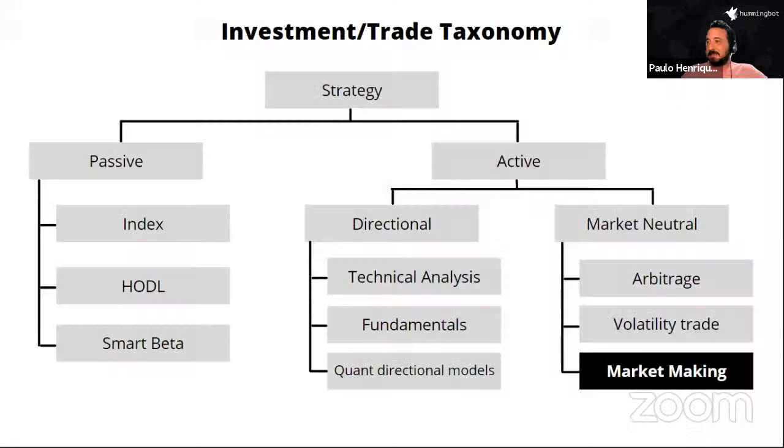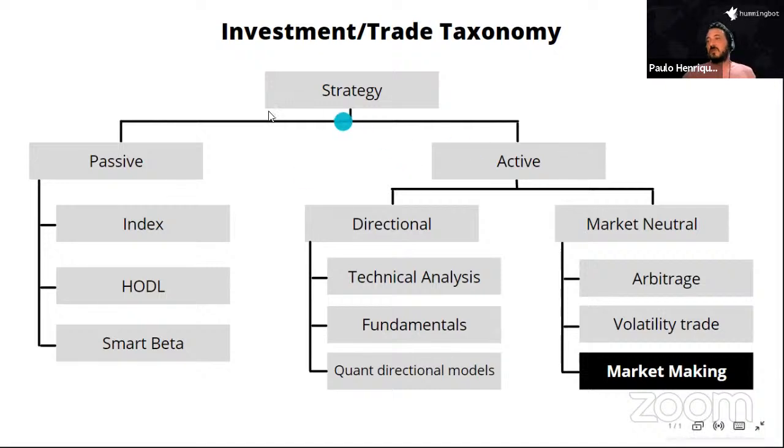Before Mike shows what he prepared for us today, a few examples of how we use the bot, I want to share some information that I think is essential, especially for newcomers when they start to use the bot and start to understand what market making is. When you look at trading and investment as a whole, there are basically two types: passive investment and active investment.